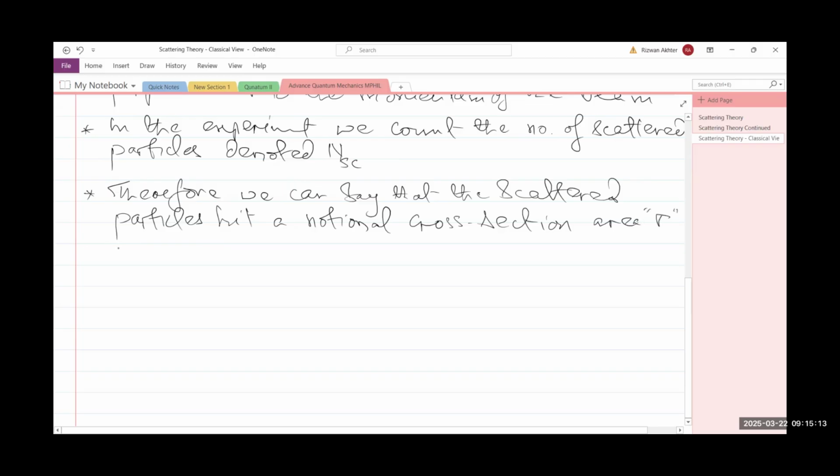And what is that? This is the area of the target.